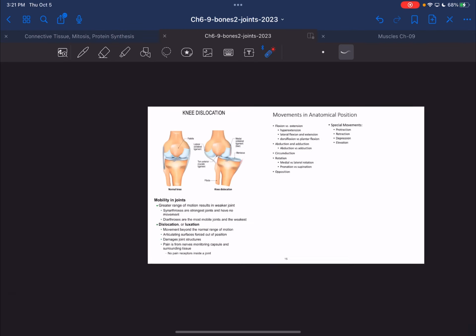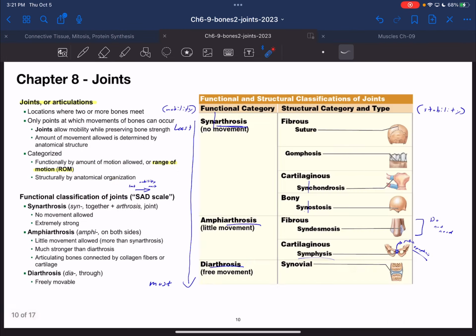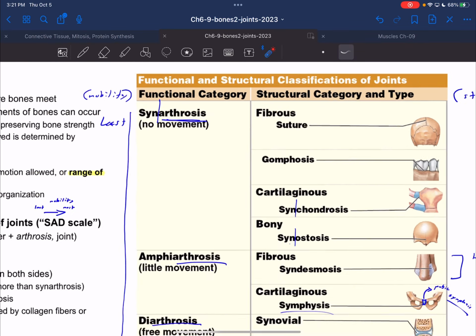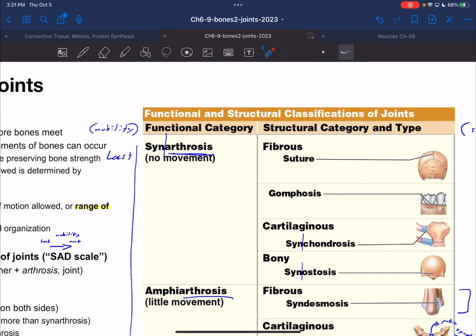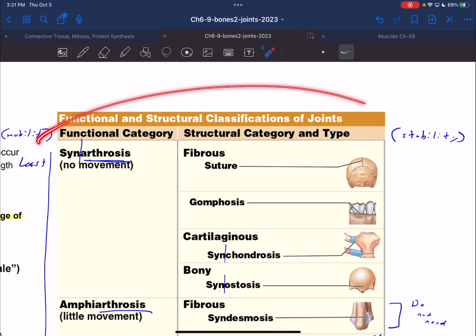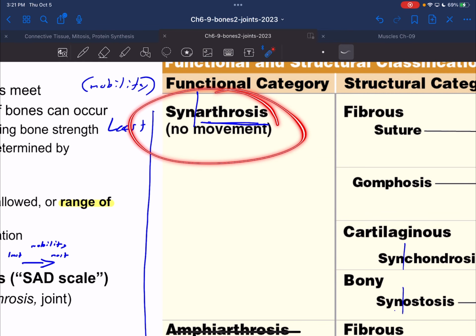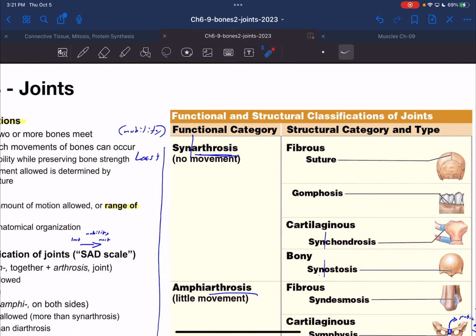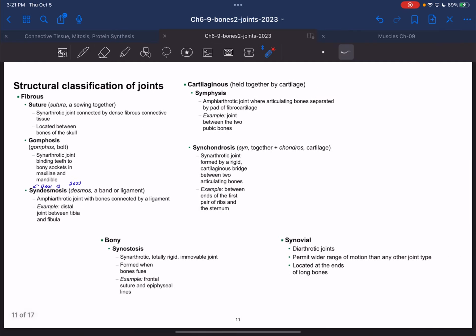Something that we addressed about our SAD scale in the previous lecture is that if you are in the synarthrotic region, that means you have no mobility. But at the same time, this guarantees that you are going to be the most stable. You have a lot of stability because you don't have a lot of movement. You're glued very closely together for simplicity's sake.